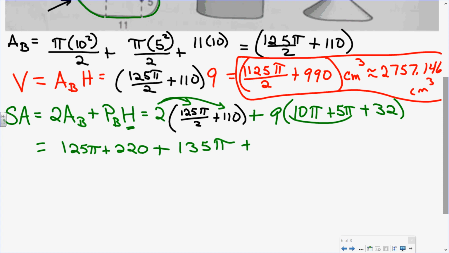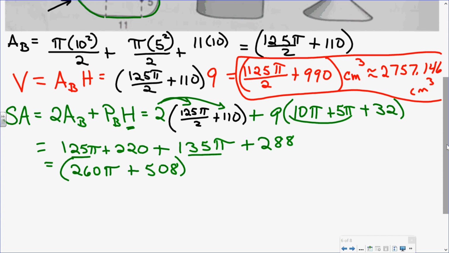And 9 times 32 gives me 288. And if I put my pi's together, I get 260 pi. And if I put my not pi's together, I get 508.